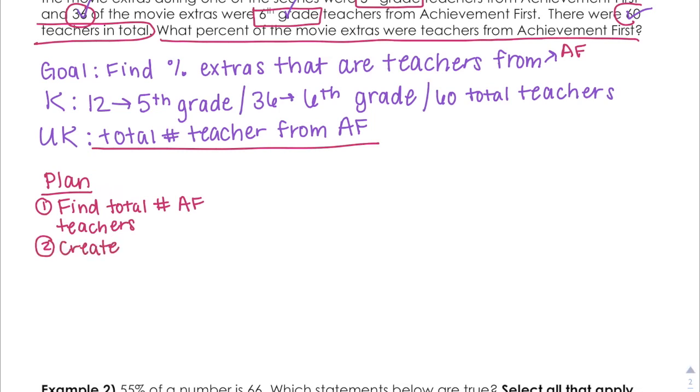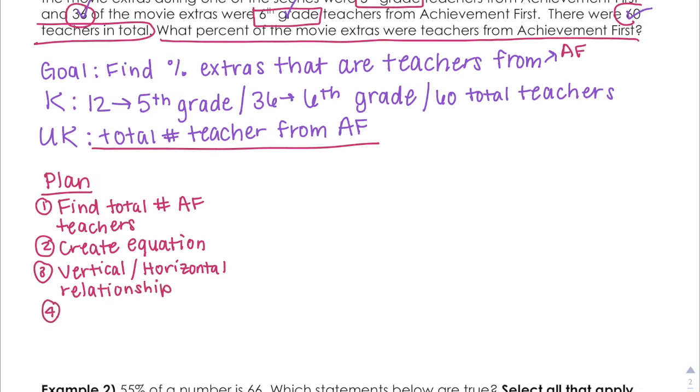That's what our key point is wanting us to work with. So create an equation. Step 3. We got to determine if we have a vertical or horizontal relationship. And then last but not least, solve our goal where we have to find the percent.